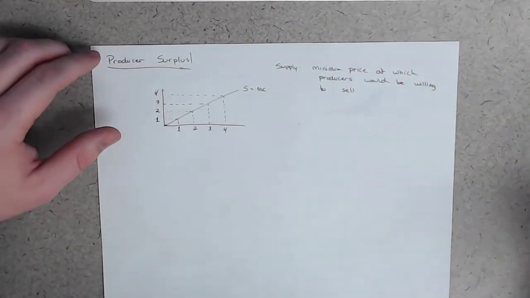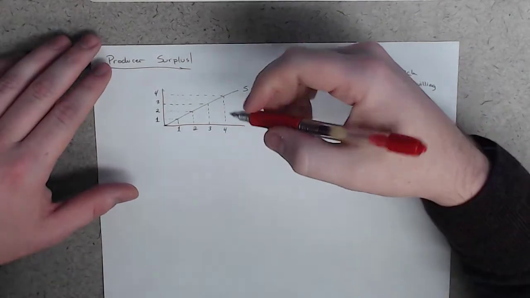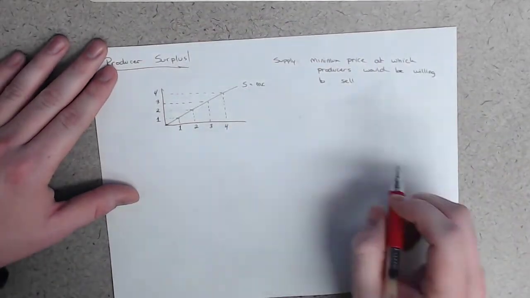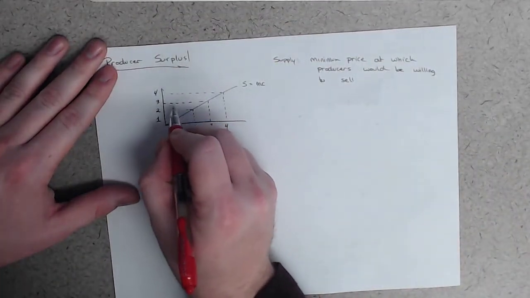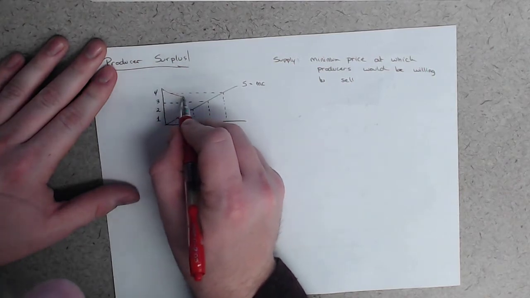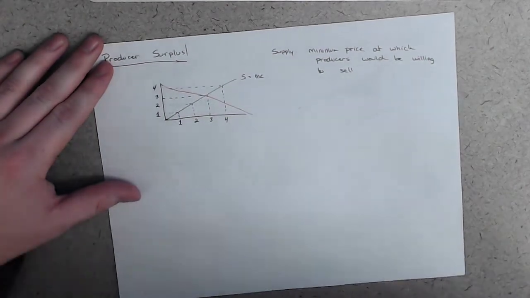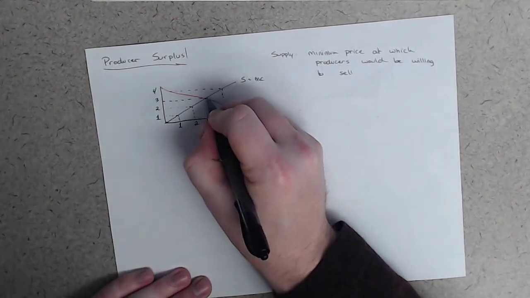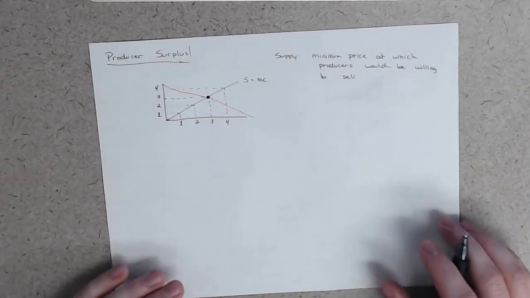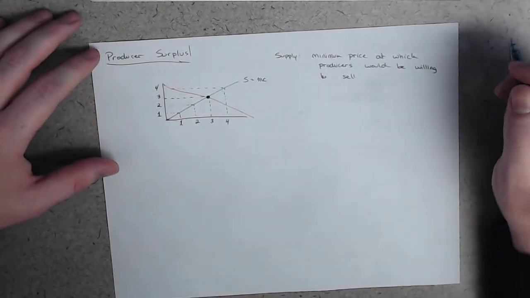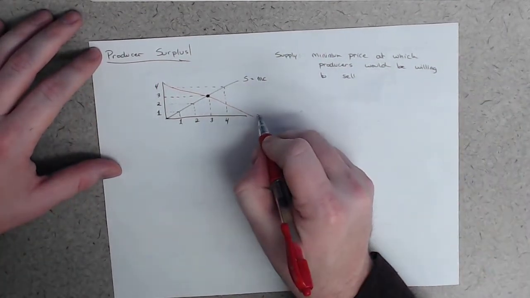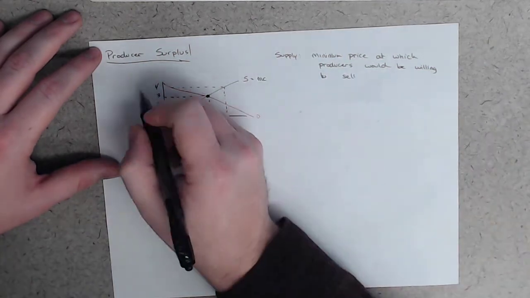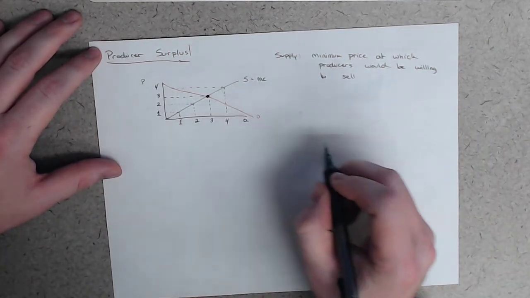And so let's do another color again. Let's say the equilibrium price is, let's go with $3 again, just for fun. So here the equilibrium price is $3. Oh, that's the demand curve, sorry. There we are. And price, quantity.